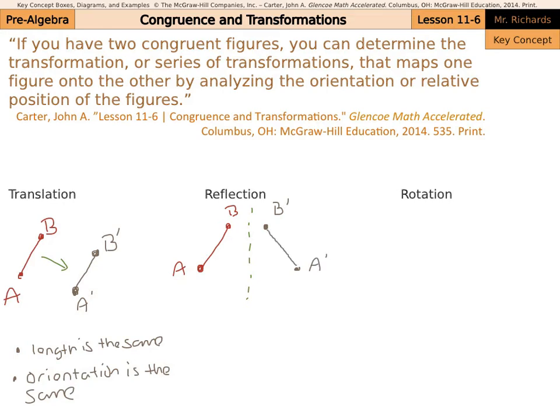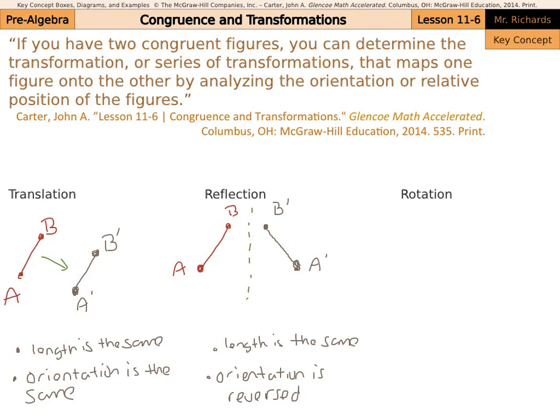We can connect the two, and what do we notice? First, the length is still the same, but the orientation now is reversed. The segments are facing the opposite way.